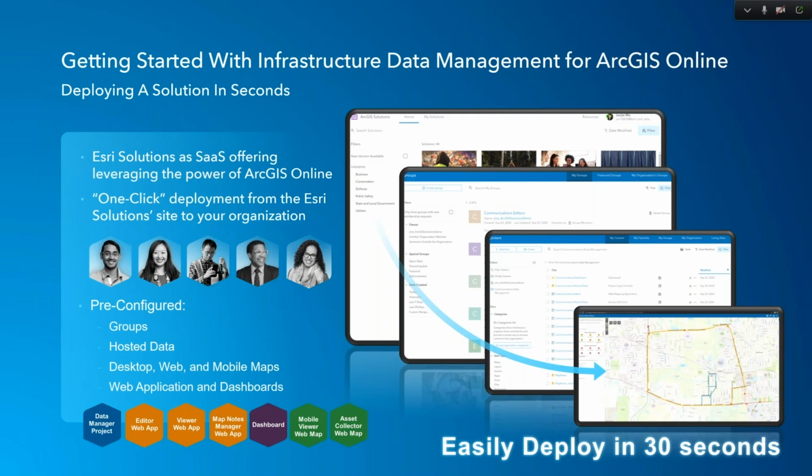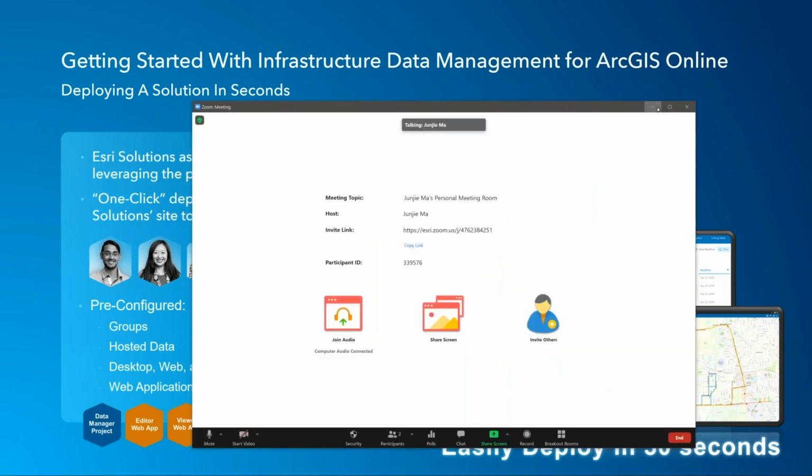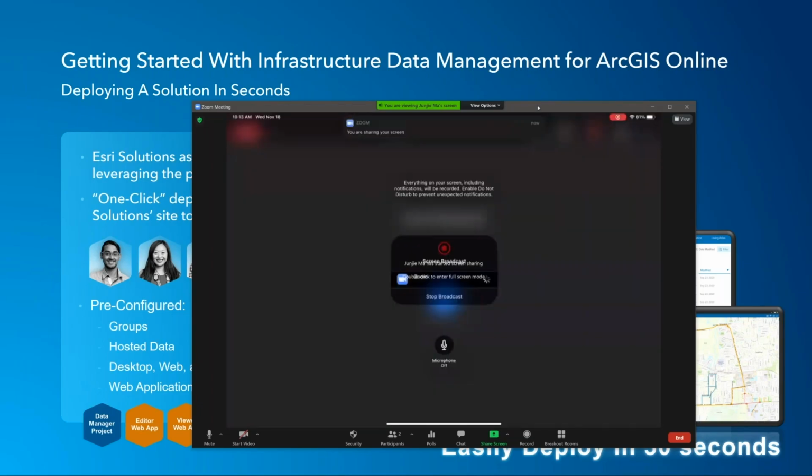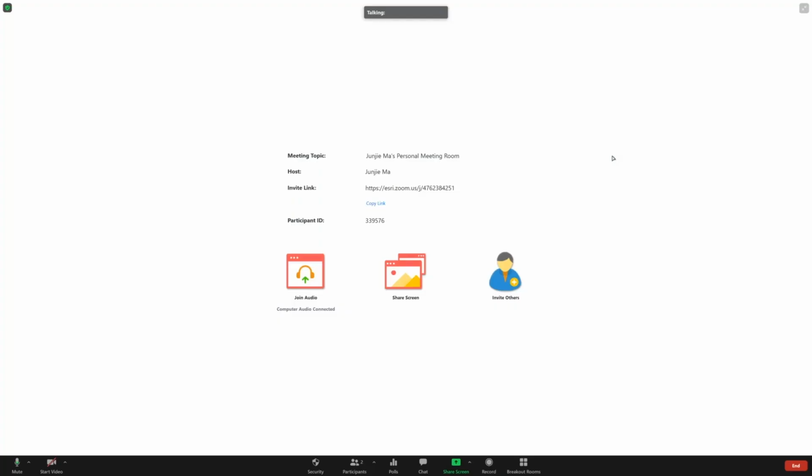So let me share my screen on my tablet real quick. And let me switch to my tablet. All right, unlocking it. Awesome. Now what we're seeing is on the tablet.